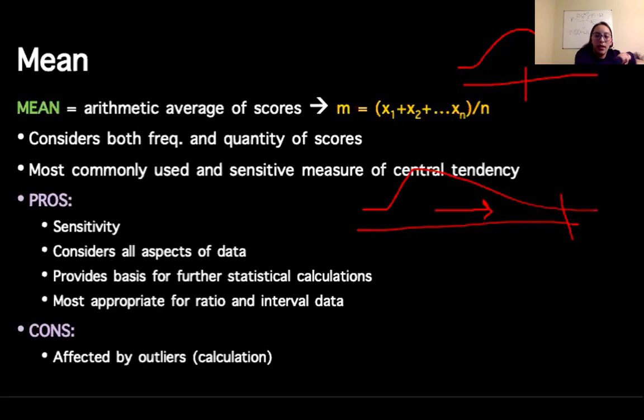And we go into this more next week, but your sample has to be as similar as possible to your population in order to draw inferences about your population. So that makes sense. Any questions on the mean?